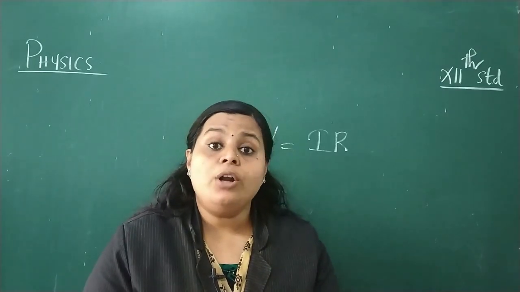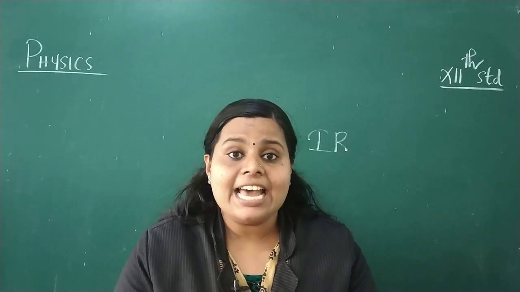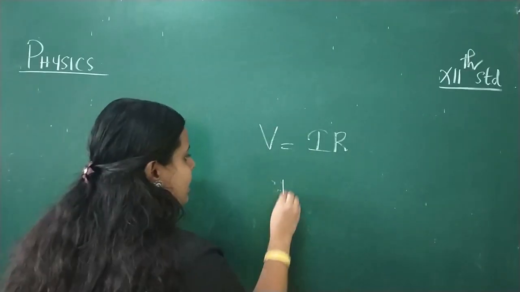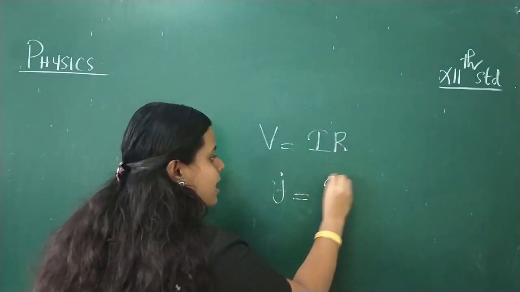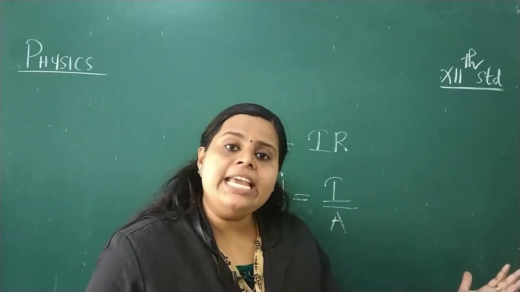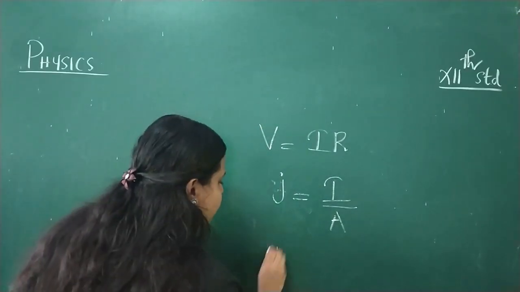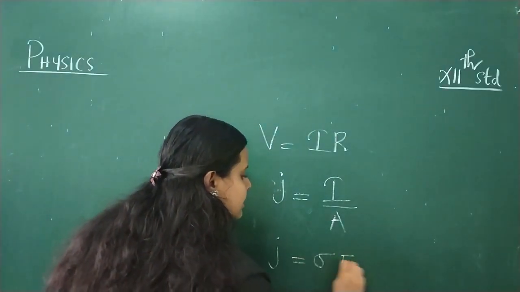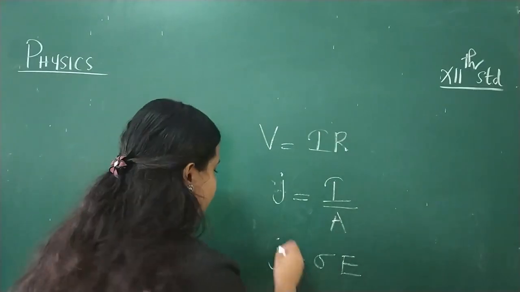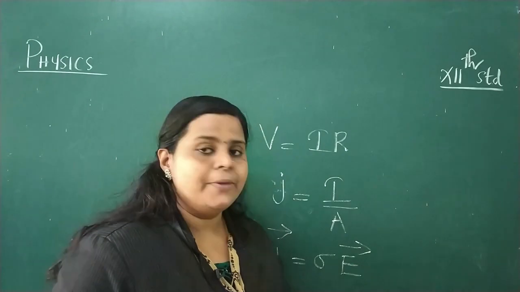And after that, we got introduced to a new physical quantity, that is the current density. The current density J is the current flowing per unit area. And finally, we learned the equivalent form of Ohm's law, that is J is equal to sigma E, right? Where this J is a vector, also this E is a vector, the electric field.